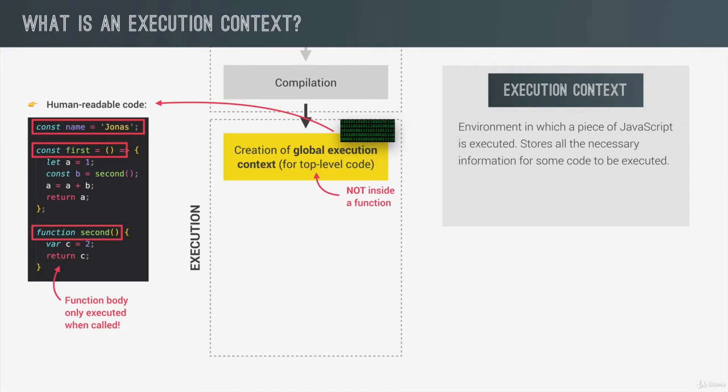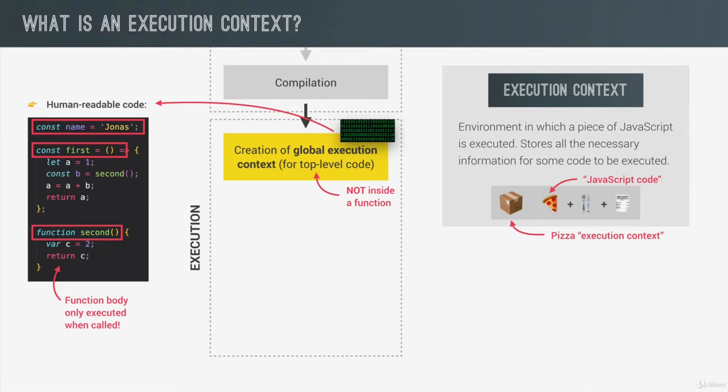And to make this a bit more intuitive, let's imagine you order a pizza at a takeaway. So usually that pizza comes in a box, right? And it might also come with some other stuff that is necessary for you to eat the pizza, such as cutlery or a receipt, so that you can actually pay for the pizza before eating it. So in this analogy, the pizza is the JavaScript code to be executed, and the box is, of course, the execution context for our pizza.